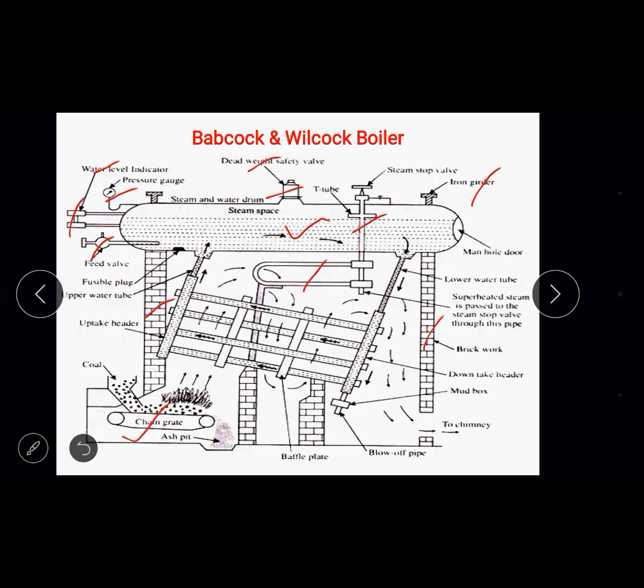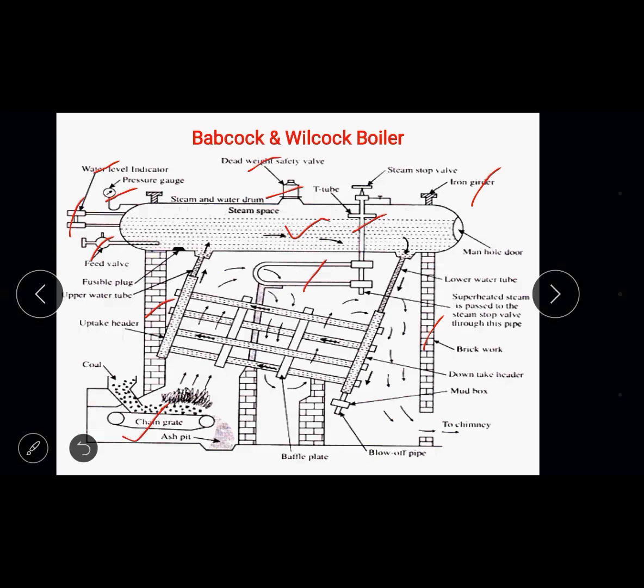Saturation temperature can be easily attained. With the saturation temperature, dry saturated steam is produced inside the boiler drum. This dry saturated steam is converted into superheated steam by passing it through this T-tube.